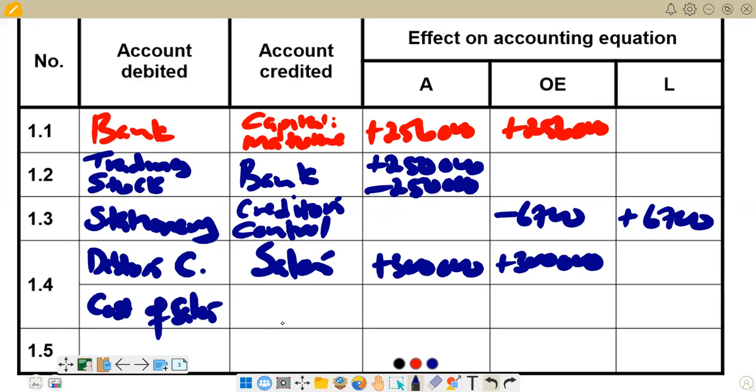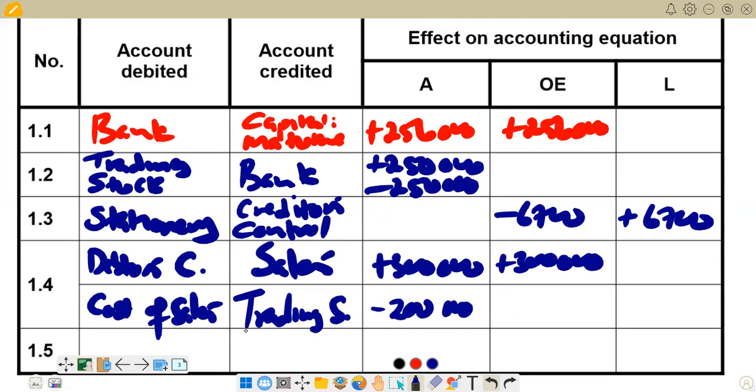And then the second double entry that we have got is cost of sales that we are debiting, and then we credit trading stock. This is now at cost price, whereby we calculated it and it was 200,000. Remember, trading stock, we are crediting. Trading stock is an asset, and when you credit an asset, it's a minus, negative, subtract.